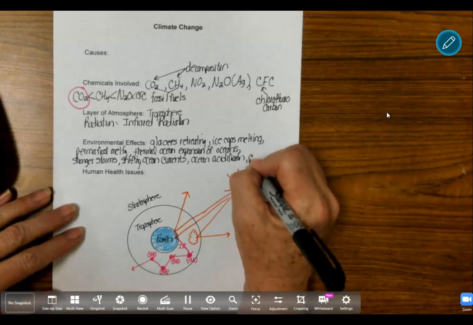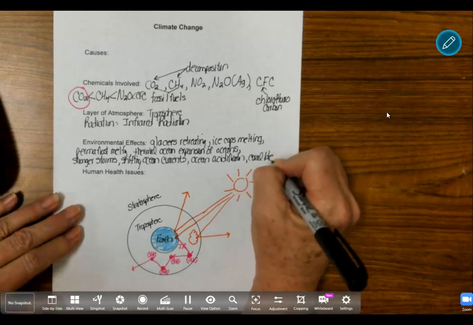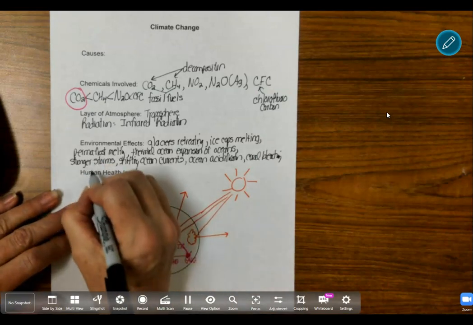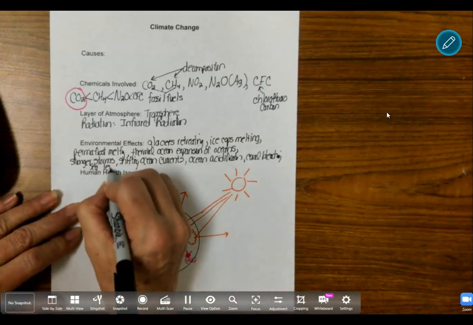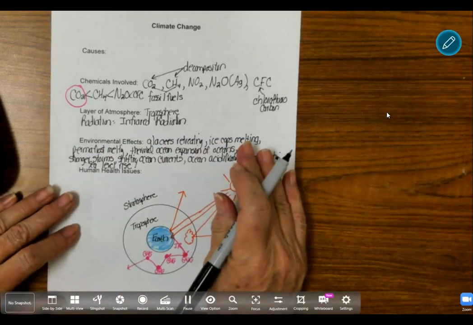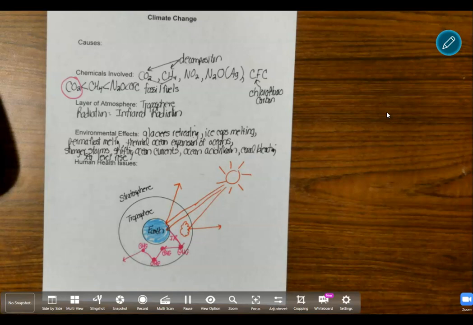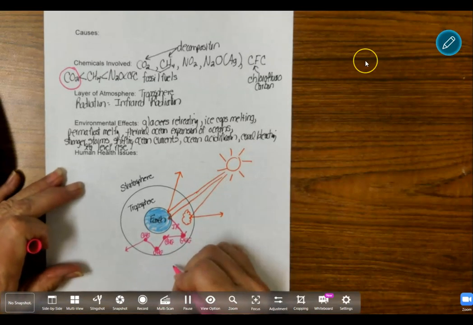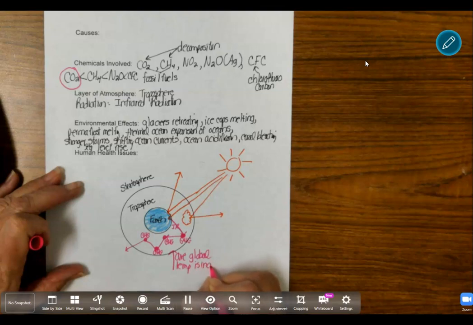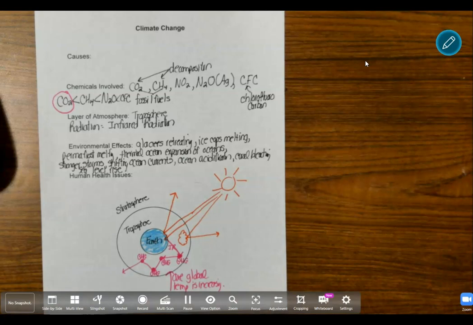Coral bleaching. Put on here sea level rise. We are going to look at all the environmental effects that are occurring. Why? Because as this happens, the average global temp is increasing. Right?